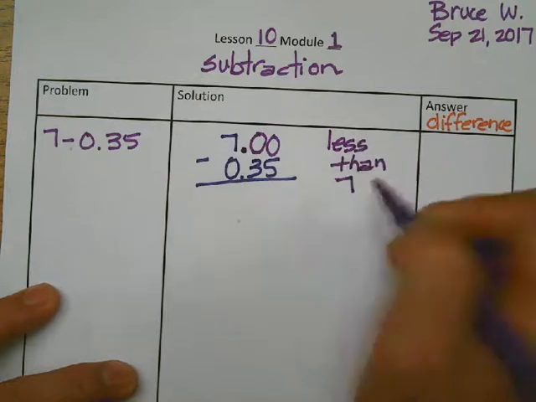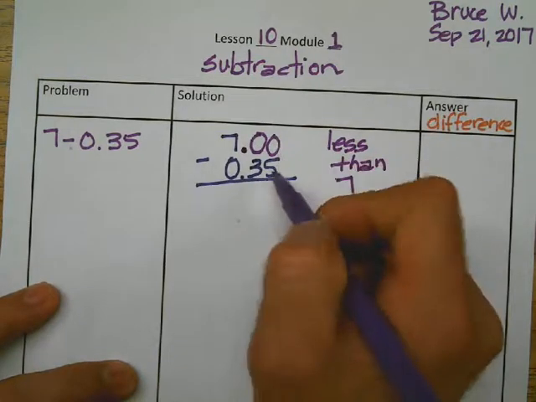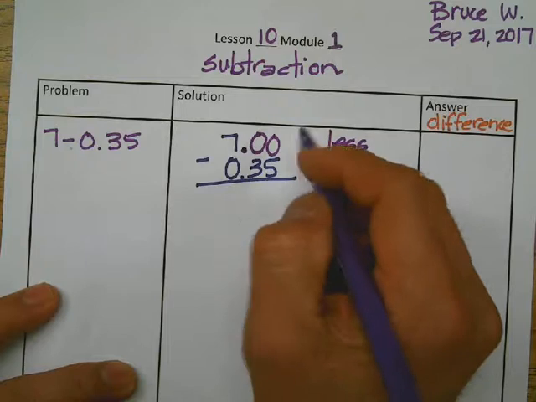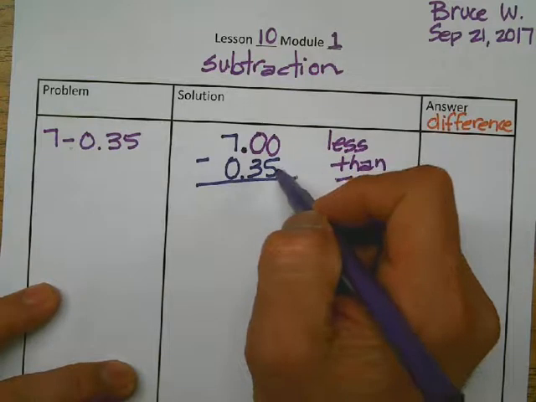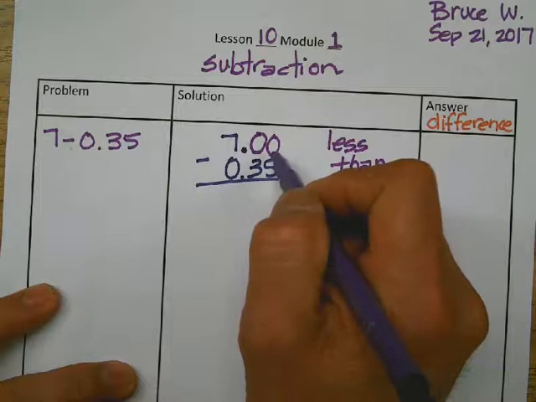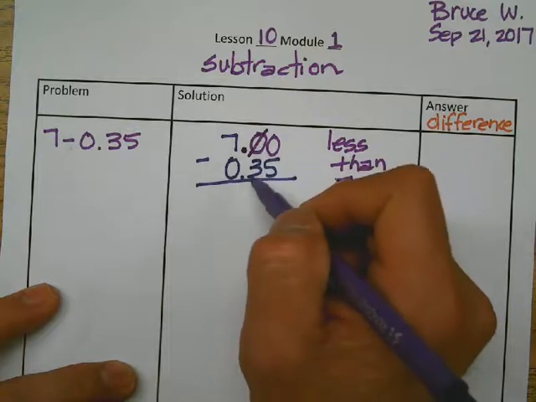So now, this is the little story I tell my students. If you go to the store and want to buy 5 pencils, but they have 0 pencils, then you have to go to the store next door to borrow. But this store does not have anything. So you have to go to a second store and borrow.